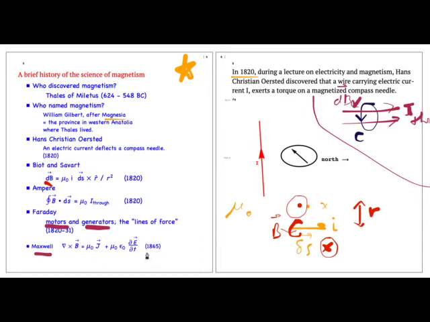Now that was quite a few years later, but anyway, this is sort of the history of the science of magnetism. And Maxwell's field theory, we still use it today to understand magnetism and electrical engineering. All of electrical engineering is based on Maxwell's field theory.